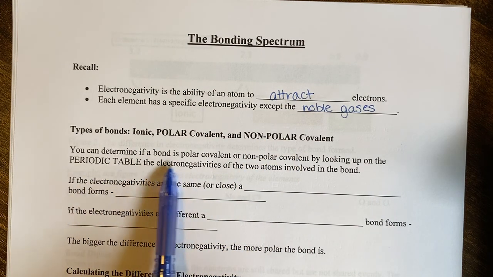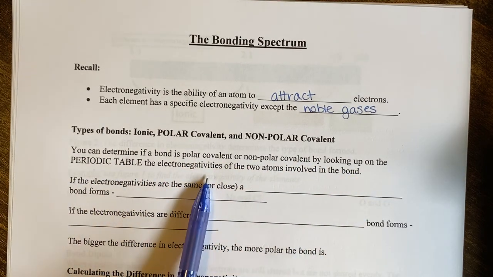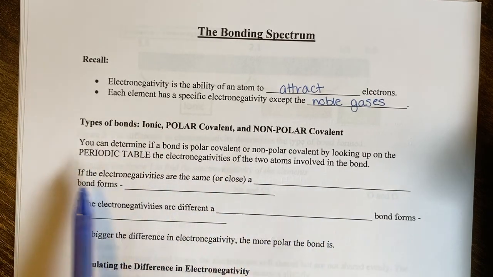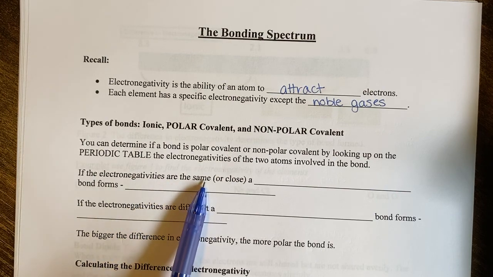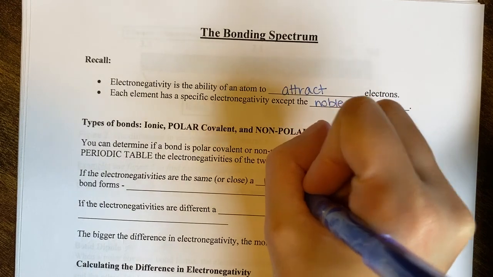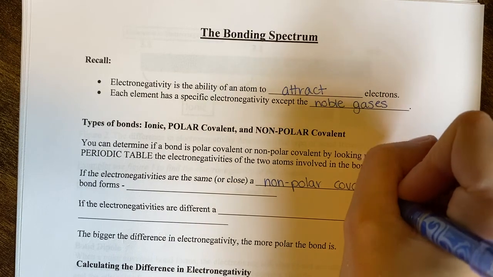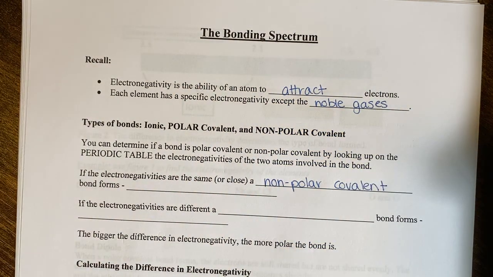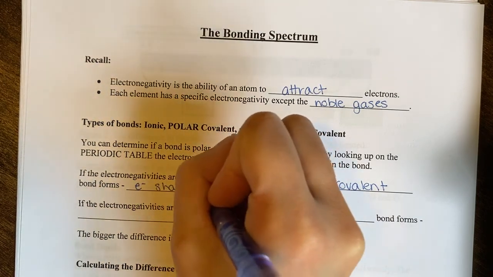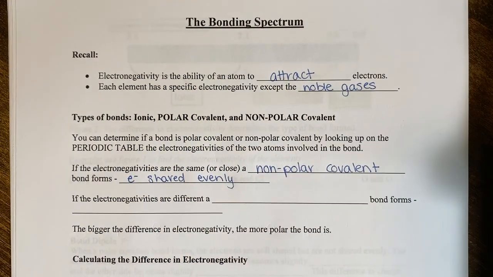So you can determine if a bond is polar covalent or non-polar covalent by looking up on the periodic table the electronegativities of the two atoms involved in the bond. If the electronegativities are the same or very close, a non-polar covalent bond forms, where the electrons are shared evenly between the two atoms involved in the bond.